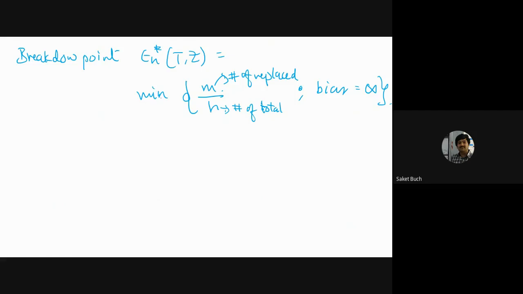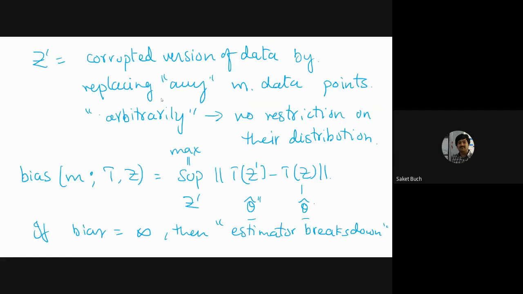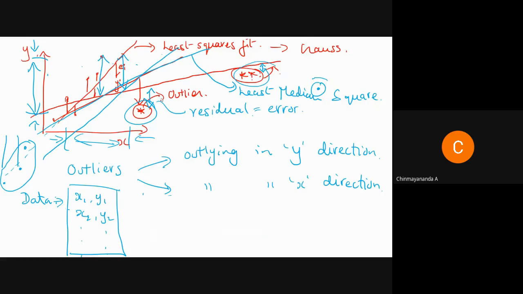So then why do we get infinity as that answer? It can so happen that, for example, if you go back here, I might replace some of these data points, these red data points, by some other points on the extreme left, so that my line is a vertical line. Did you get this point?